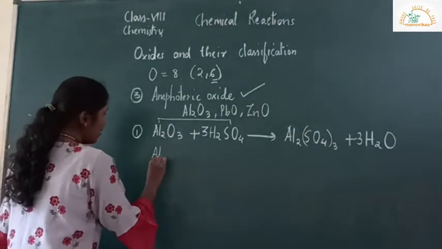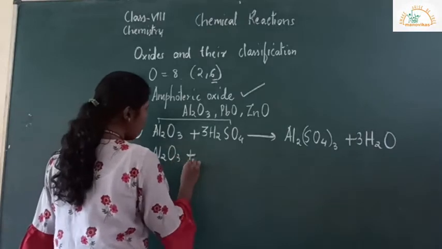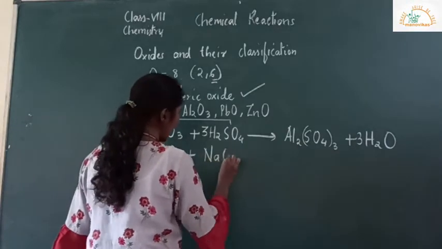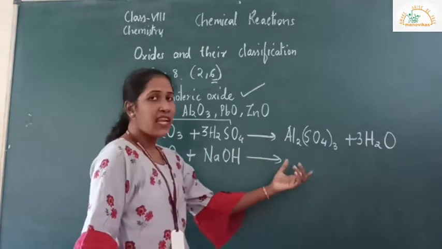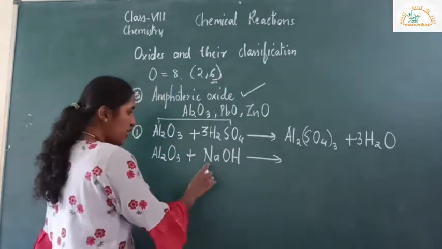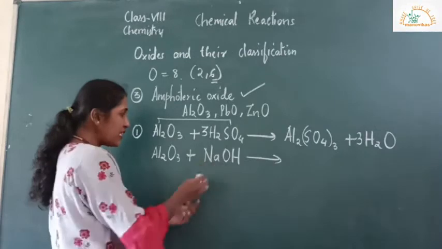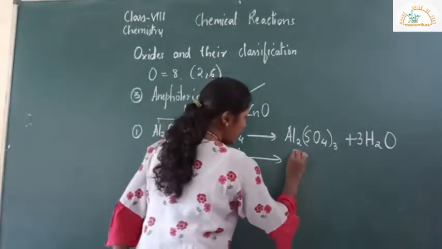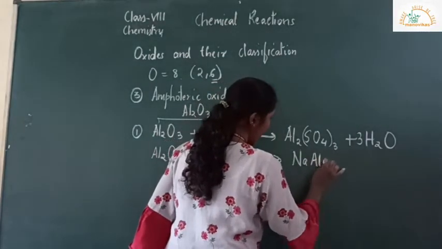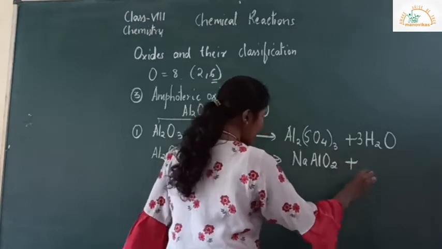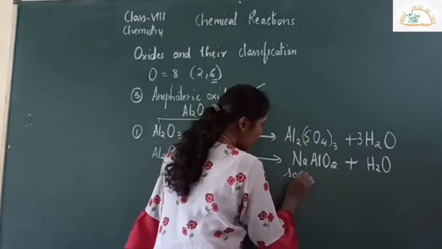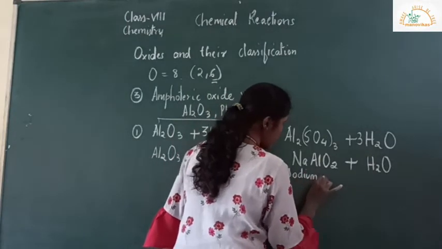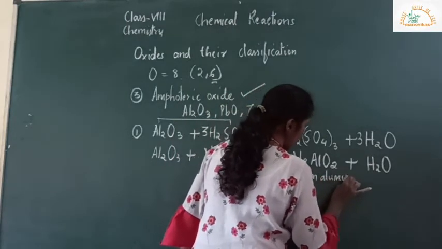Same oxide, when I treat it with the base, that is NaOH, what I will get is the salt and I will get the water. But here the salt I will get is NaAlO2 plus water. This is called sodium aluminate.